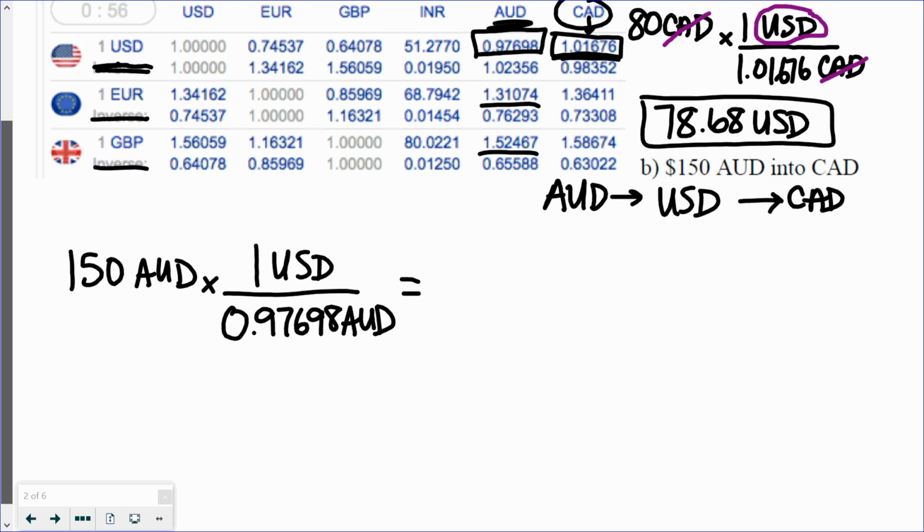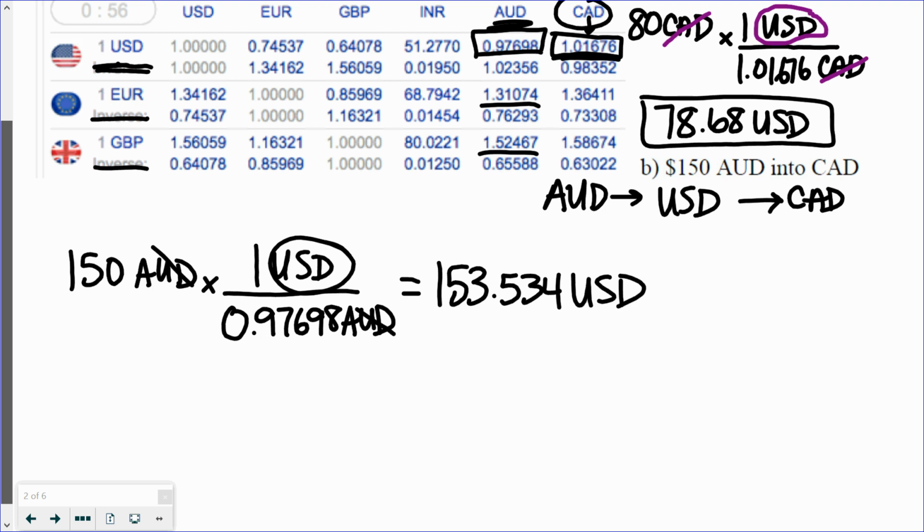So now I will be converting from Australian dollars into US dollars. So 150 multiplied by 1 divided by 0.97698 gets me a total of 153.534, I think there's more digits than that, US dollars.